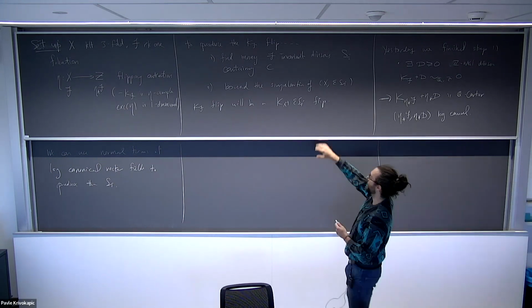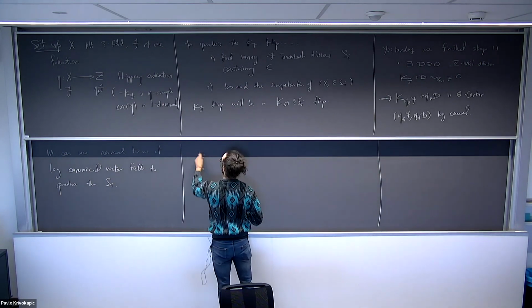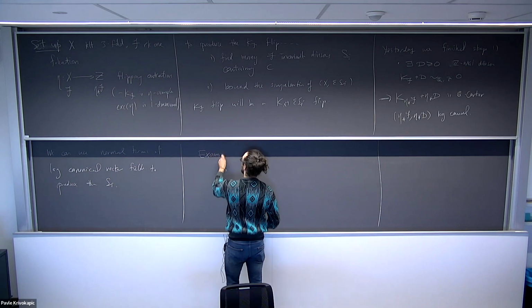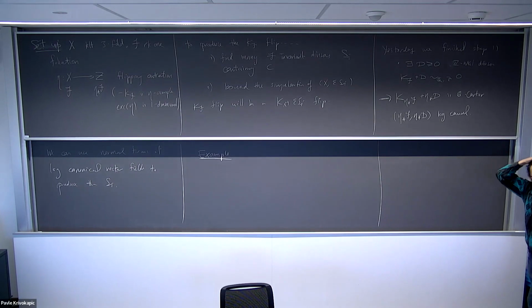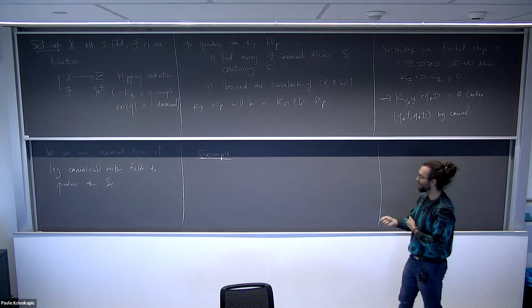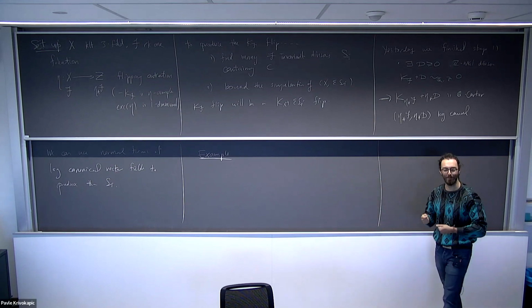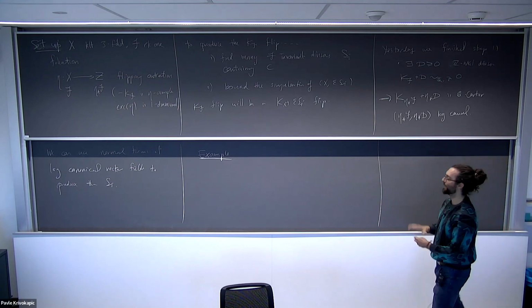Before I go on to explain two, I want to give a concrete example of a flip. Normally it's a bad idea to give concrete examples of flips because in practice we don't really know what they look like. We just know that they exist, but what an actual flip looks like is a bit mysterious. This is just one of the strange things about MMP.